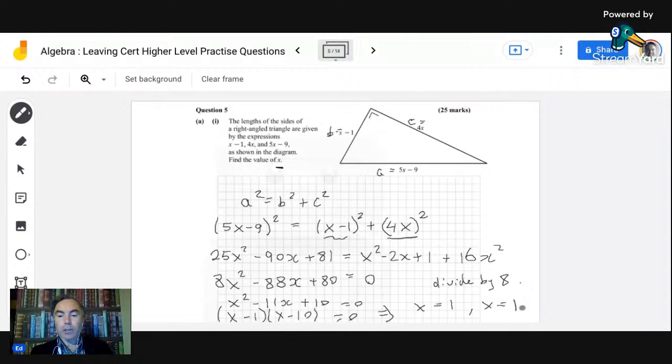Now we've got to check, and this one will be taken out, and I'll show you why. Because if we put in 1 here, x minus 1, therefore 1 minus 1 is equal to 0. So that will give a 0 output. So the answer there is 10.